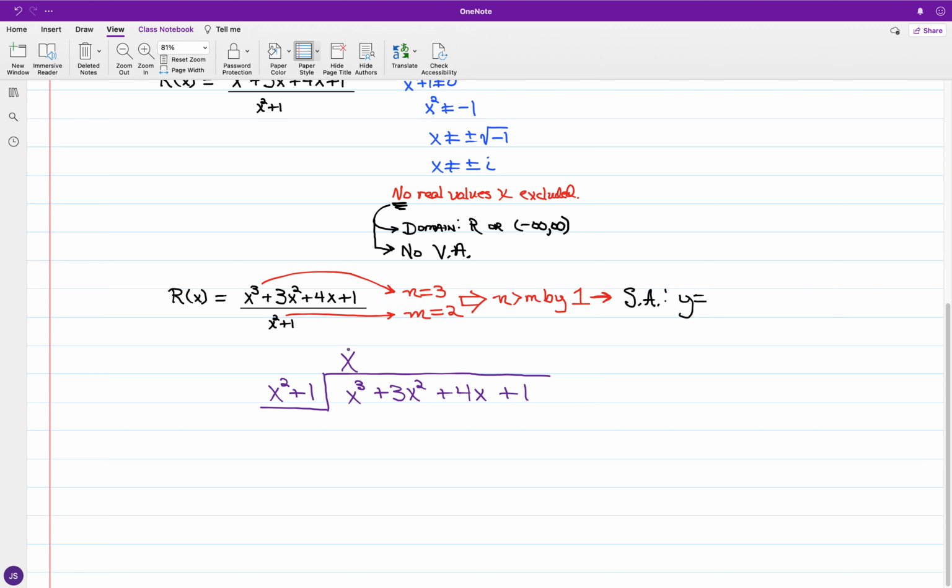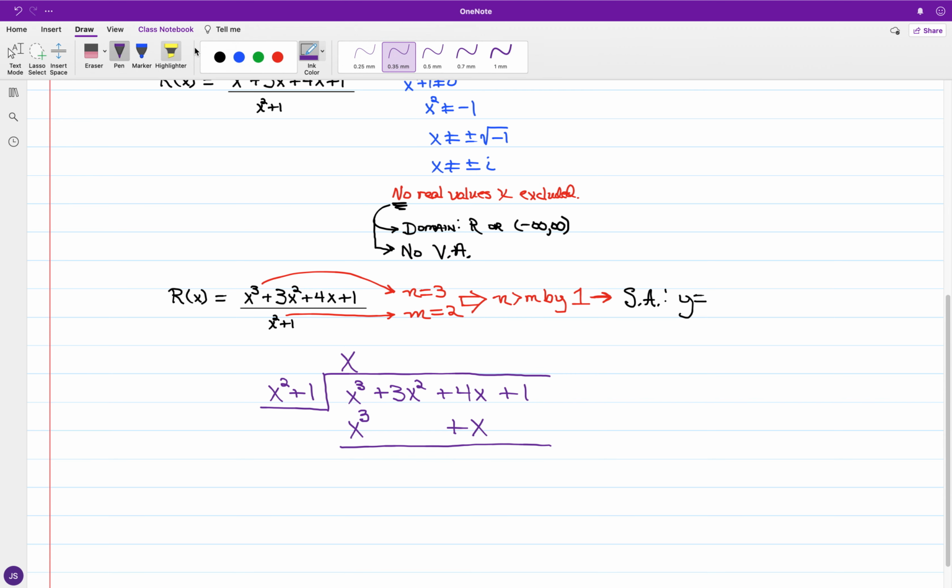Then upon distributing, x times x squared becomes x cubed, and x times 1 is going to be x. Make sure that term is situated underneath the corresponding like term from the dividend. So x is a first degree term, and so this will be placed underneath the 4x. And so we can combine terms in the first round of the long division. With long division, you're looking at subtracting row by row.